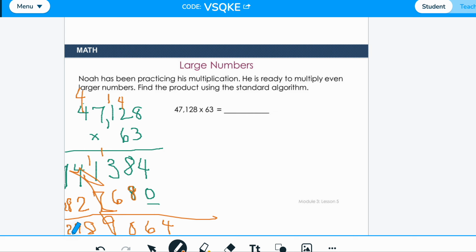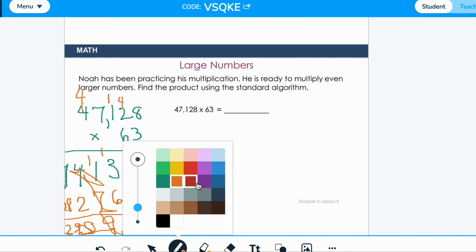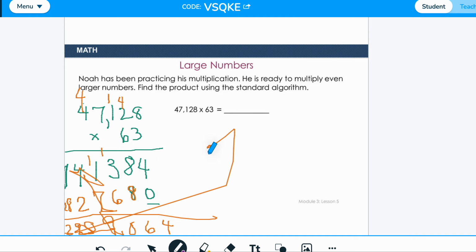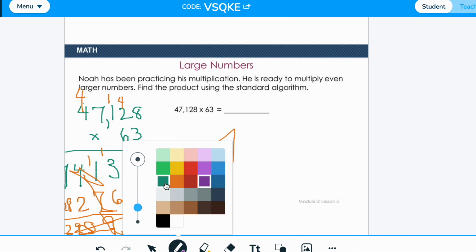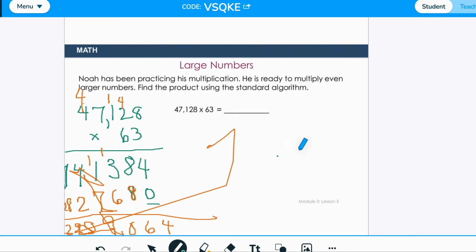Bring down my 2. I know that I'm going to put a comma after every third place value. So 1, 2, 3, comma, 1, 2, 3. My crayon keeps trying to drag. Your final answer, gang, is going to be, okay, 4, 6, 0.